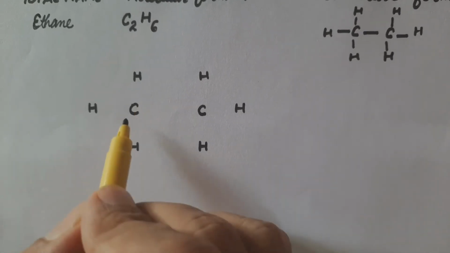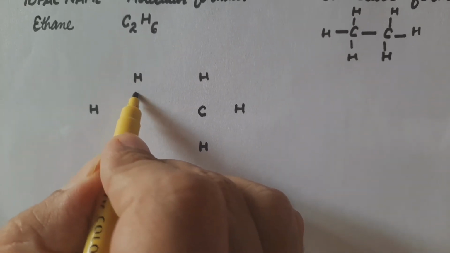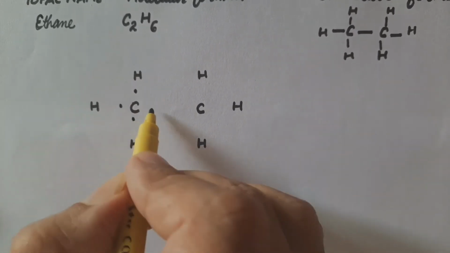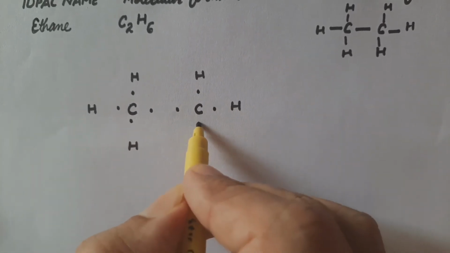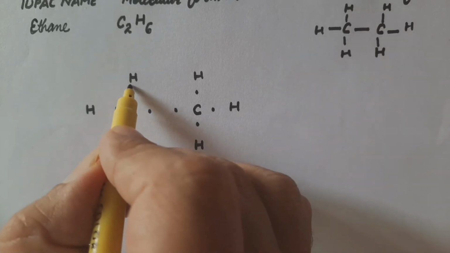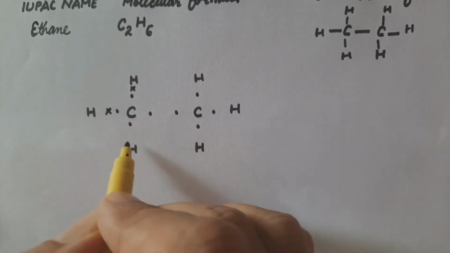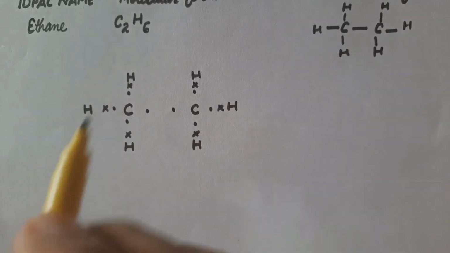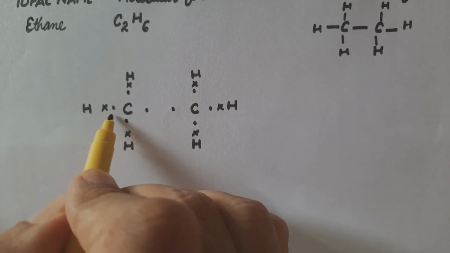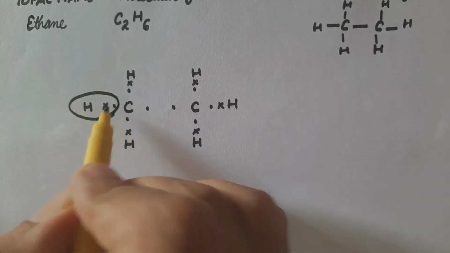Electron dot structure. For carbon, again 4 electrons in the shell: 4 electrons of this carbon, 1 electron of hydrogen. First of all, we will complete the duplet of hydrogen.